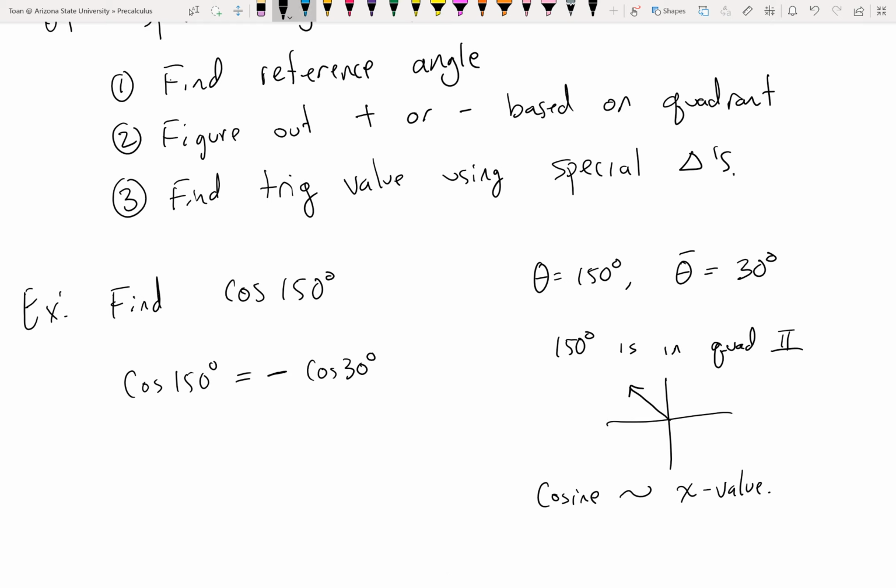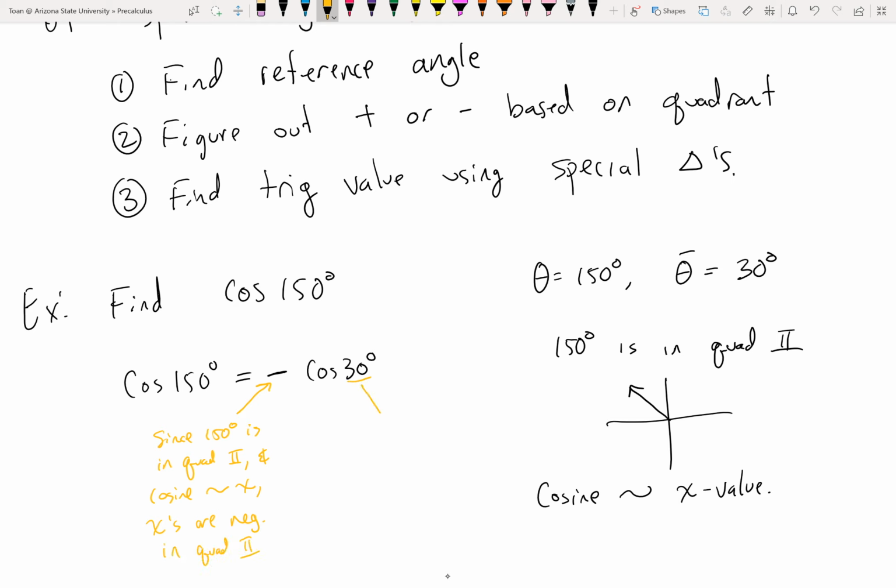Right? So let me go ahead and mark down what everything means. This negative here, since 150 degrees is in quadrant 2 and cosine relates to x's, which are negative in quadrant 2.